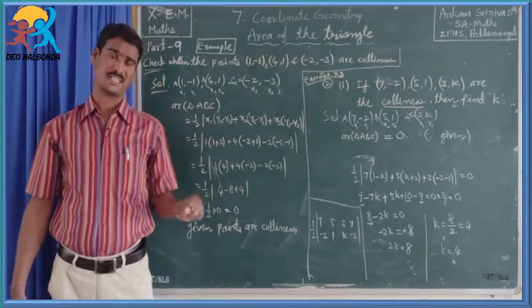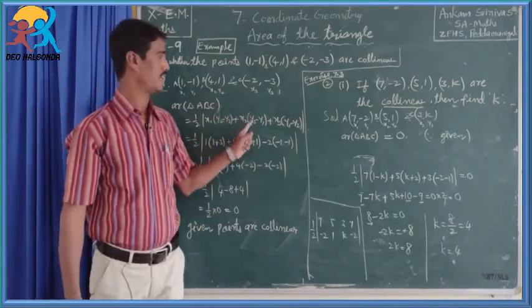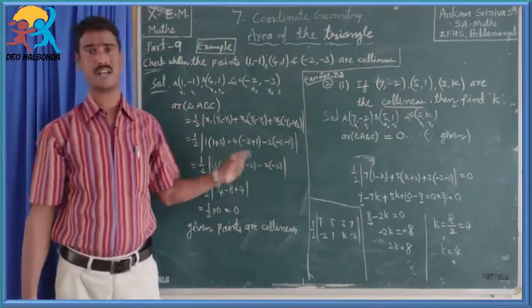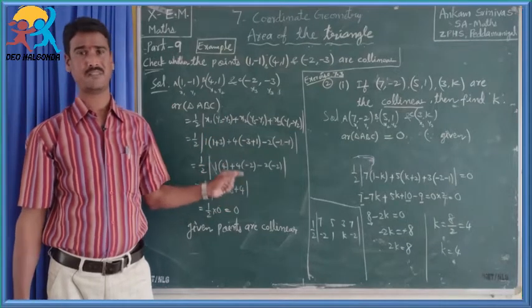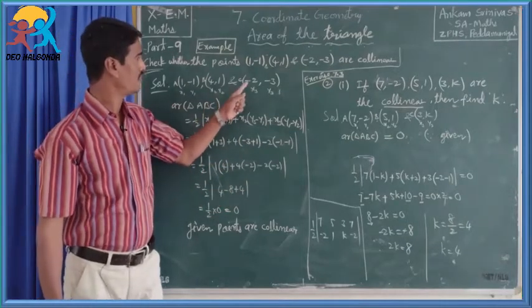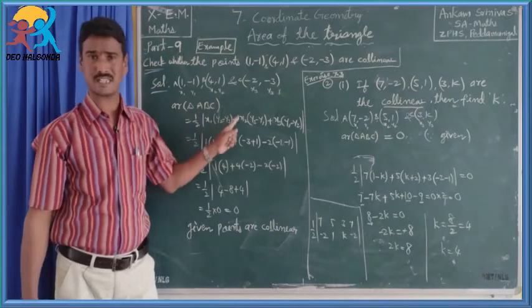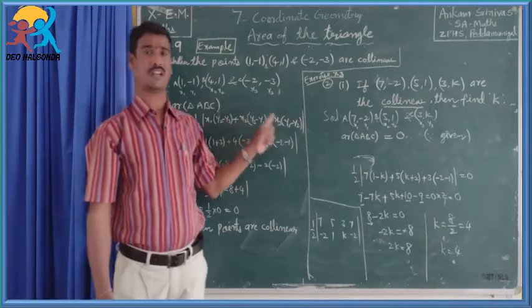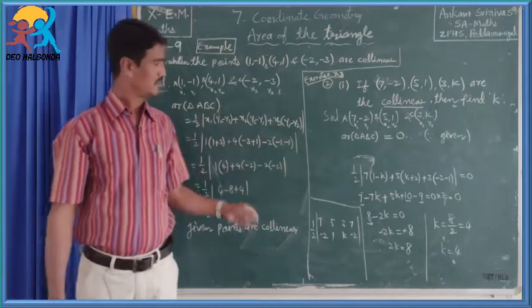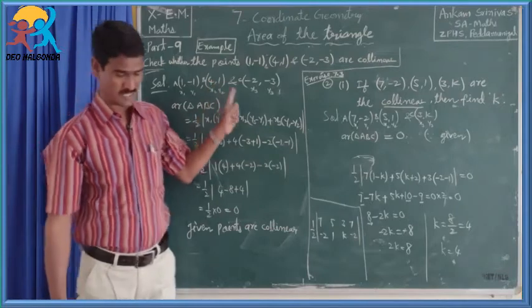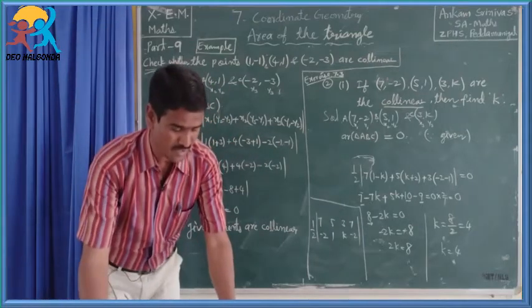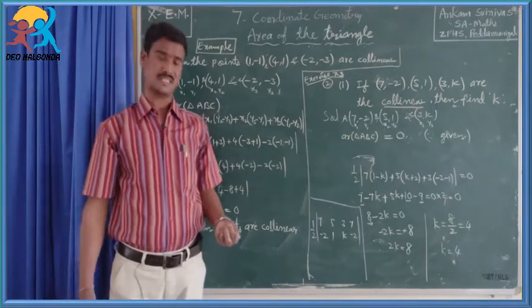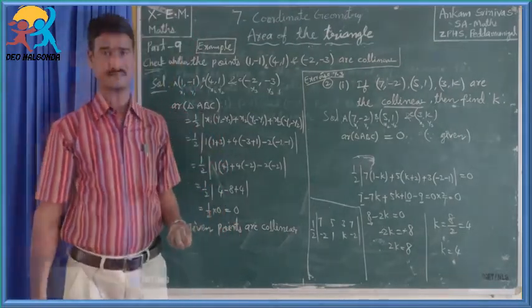On that exercise problem also, using the area of the triangle, if we get the area of the triangle as 0, the given points are collinear. If the area of the triangle with the given vertices is not 0, then they form a triangle. So using this concept, you have to solve in your textbook exercise 7.3 the first bit and the second bit problems.